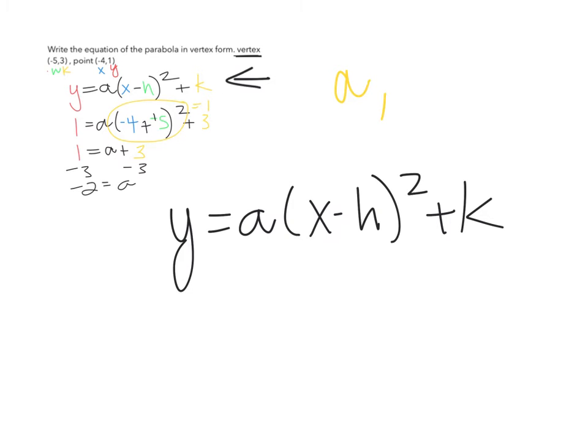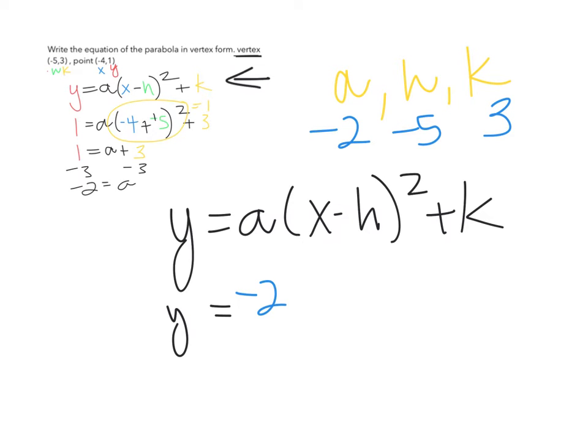I replace A, H, and K. Now we already know H and K. H and K are negative 5 and 3, and we just solved for A, and A is negative 2. So all I'm going to do is plug that in. Y equals negative 2 times X minus negative 5, close parentheses, plus 3.